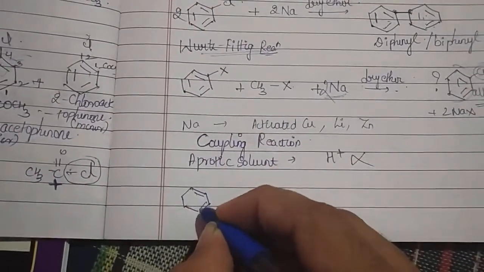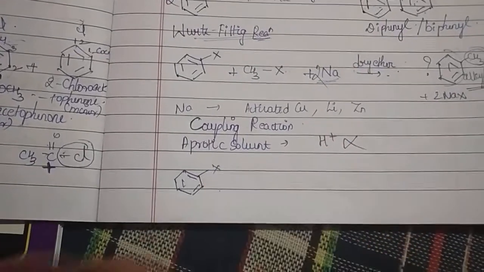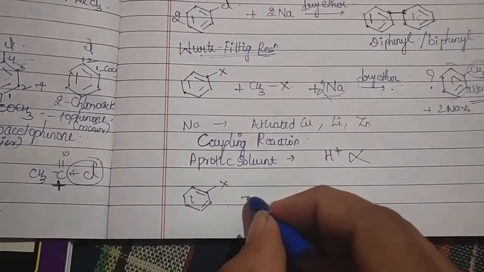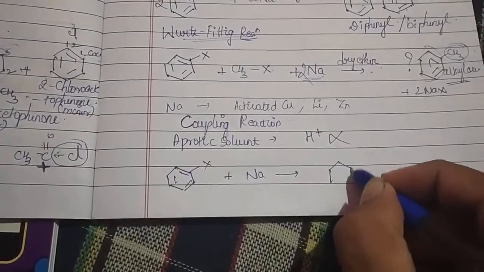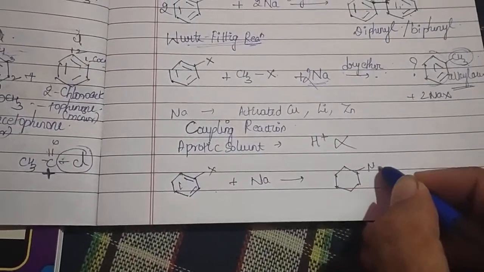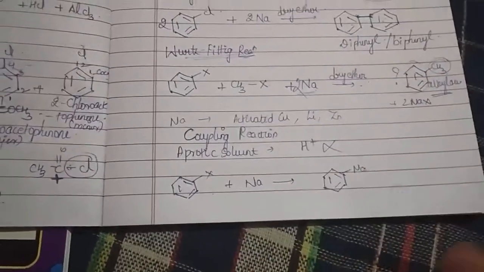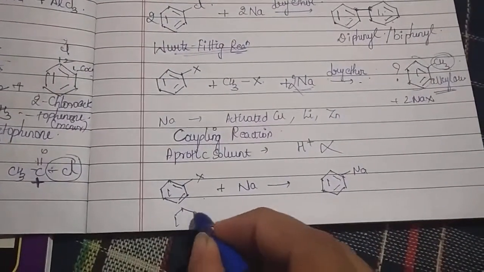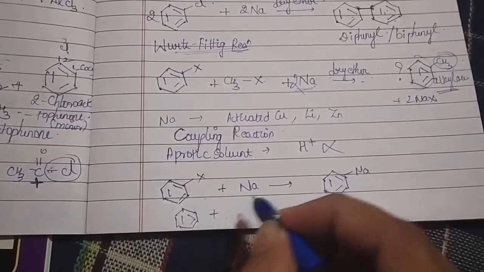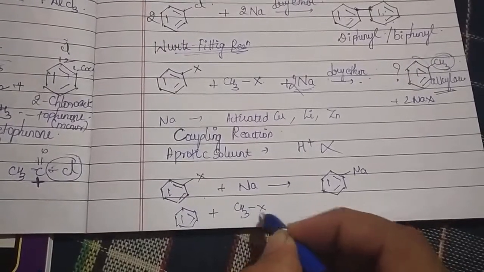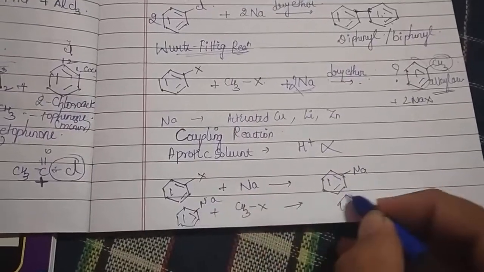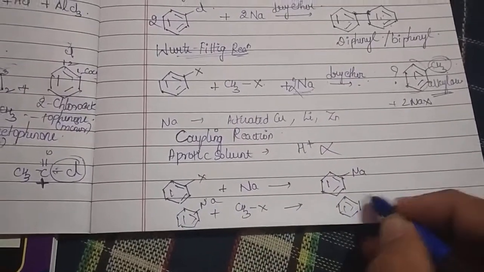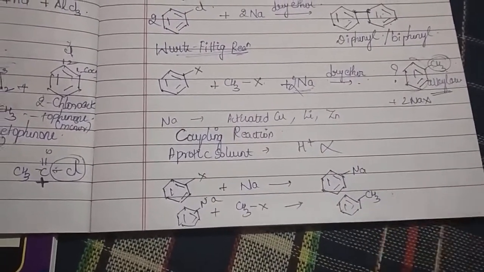That means when you have the haloarene, first it is treated with sodium metal, so instead of X you get Na. Then this is treated with the alkyl halide, and the Na gets substituted and the CH3 comes and sits there.